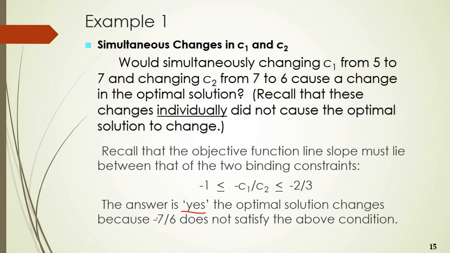It's because negative 7 over 6 does not satisfy the above condition. It is already beyond the condition. Be sure that the slope for simultaneous changes in C1 and C2 must satisfy the ranges of optimality, or else the optimal solution will change.